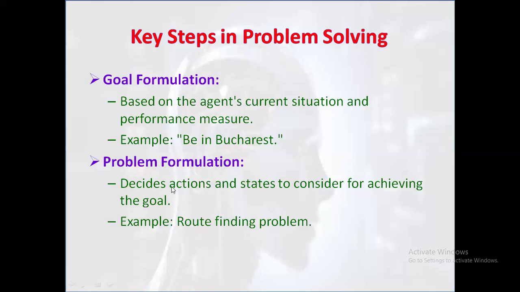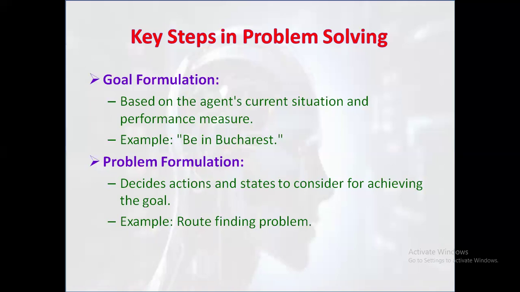And how are you going to formulate the problem? After defining the goal, the agent moves on to problem formulation. This step involves determining the relevant states and actions that the agent will consider while solving the problem.